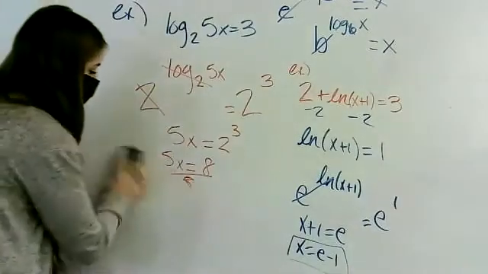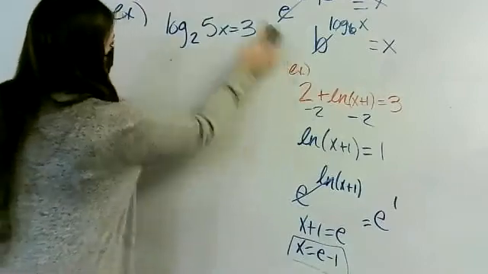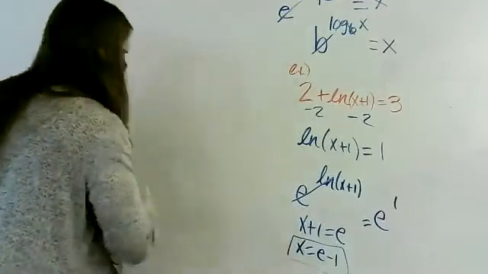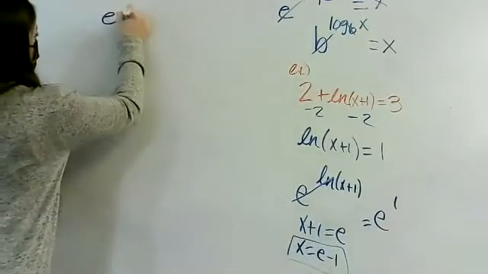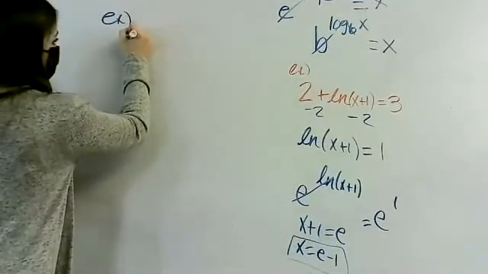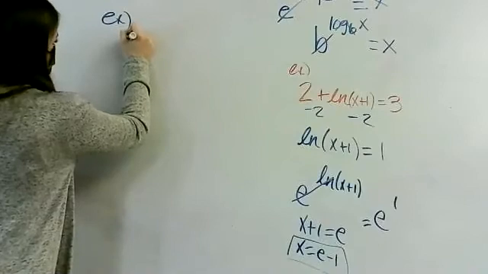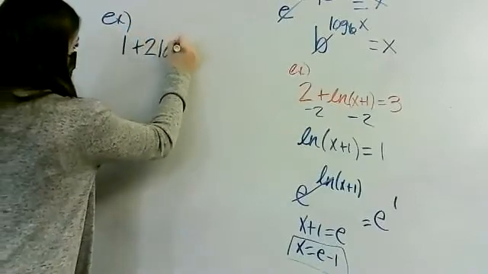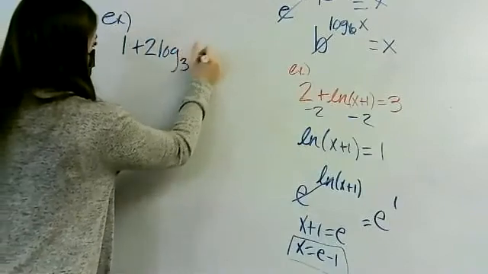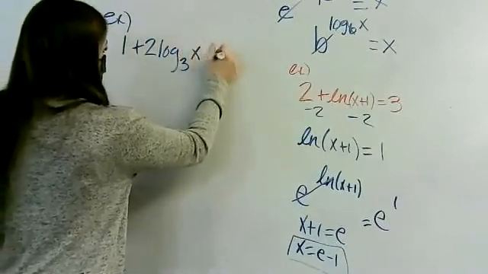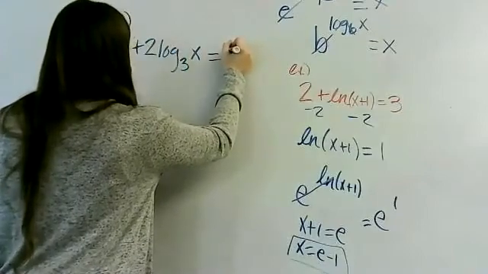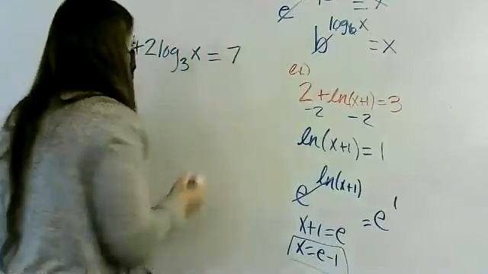Oh yeah, one more. You're going to finish this one off and we'll go over it tomorrow. Finish this one problem off. So let's do 1 plus 2 log base 3 of x equals 7.